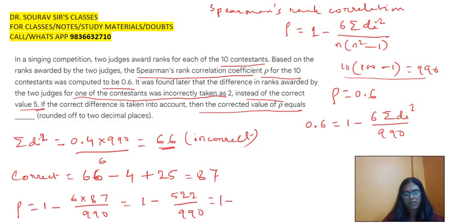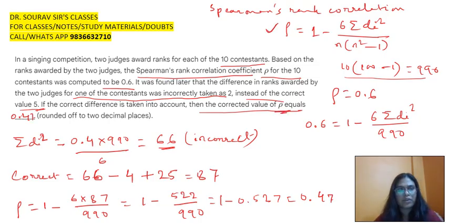So 1 minus, this is coming around 0.527. So this equals 0.47. So 0.47 is the value of the correct rho. I hope this is clear to you all.